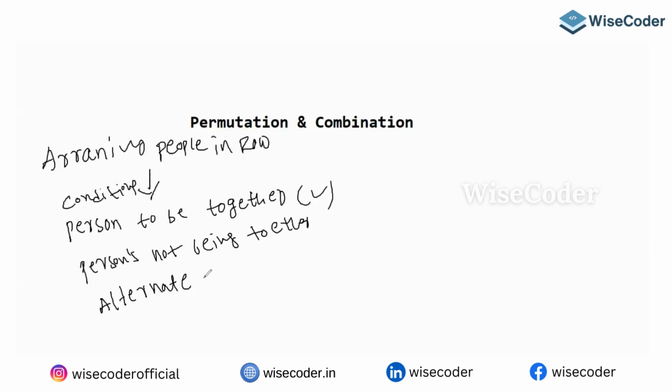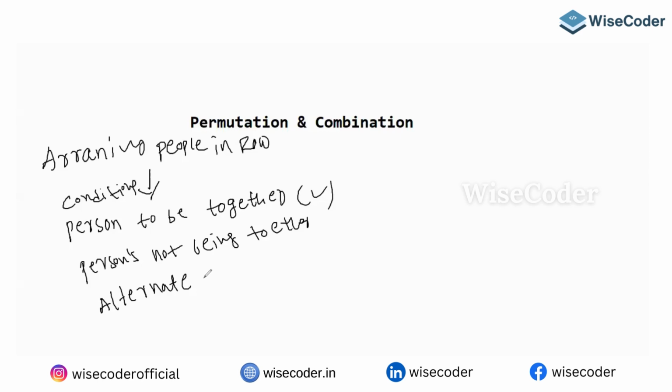Circular arrangement is a distinct form of linear arrangement, and the method used to tackle them is also different.